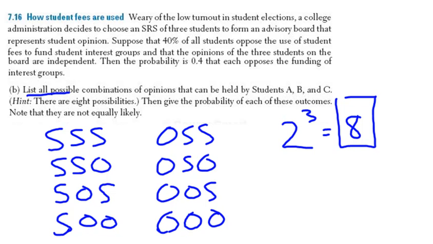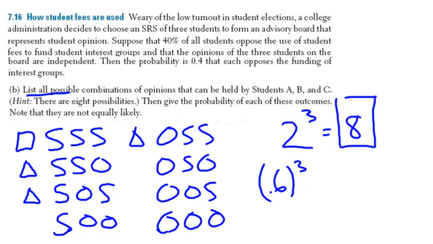And then I want to give the probability of each of these outcomes. All right. So if it was SSS, that would just be 0.6 to the third power. All right, so that one is 0.6 to the third, and you can do the math on your calculator. Now I have 3 different ways that I can have 2 supports and 1 oppose. These right here. So for this one, all of them, it's going to be 0.6 squared times 0.4.